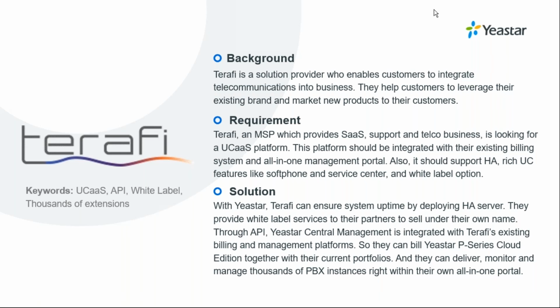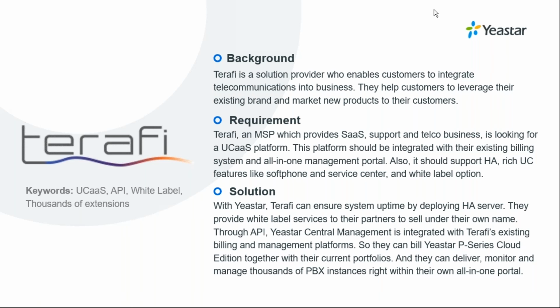So as I mentioned, they have their own billing system. The good thing here is, just like I said, we have an API solution. We have the API feature. So it is possible for them to realize this sort of integration. This is the first point. And the second point is they also need an HA solution. They want the system to be very reliable, and they need lots of unified communication features and functionalities.